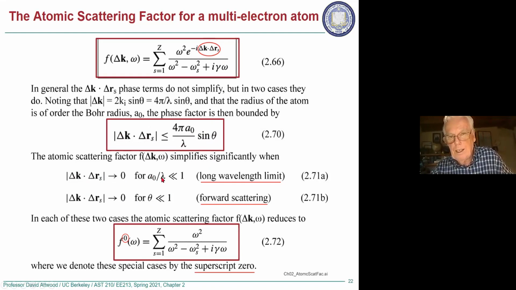Here is the long wavelength limit, the one where lambda is much larger than the Bohr radius. This says that the wavelength of light is large enough that all of the electrons are seeing the same incident field as each other, okay? And it simplifies everything so much. And the other case is if the angle is really small.